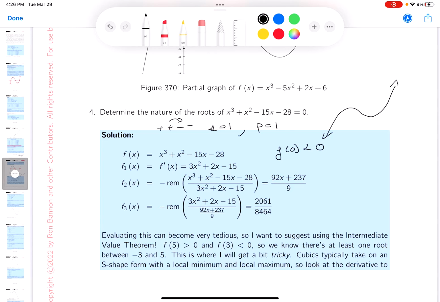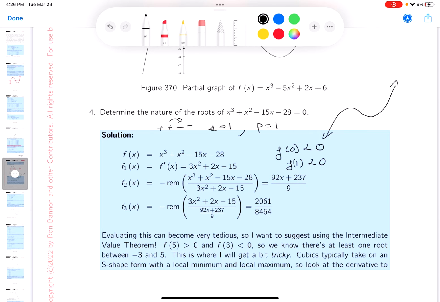If you don't want to bound it between integers you can try another integer, but if you did f of 1, it's clearly negative. Am I going to keep going through the integers? You could, one integer after another.